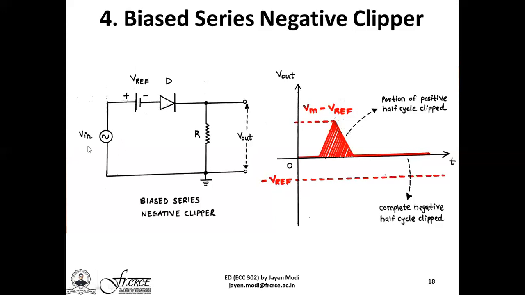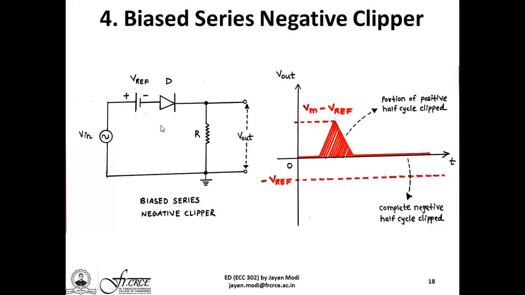Once the AC input signal Vin increases further, there will be a certain point of time at which the AC input signal positive half cycle will easily cross over the reference voltage Vref. Once this happens, the topmost terminal is positive and the bottommost terminal is negative, due to which the diode D can now turn on.